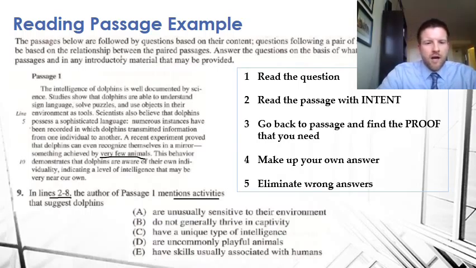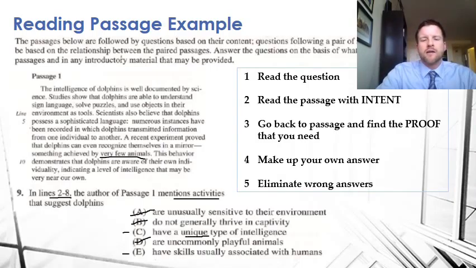So A, are unusually sensitive to their environment. Is that having to do with skills that very few other animals have? No. Do not generally thrive in captivity? No. Have a unique type of intelligence? Well, maybe. Let's just tick that for now. Are uncommonly playful animals? No. Have skills usually associated with humans? That sounds pretty good, but what about the unique one?